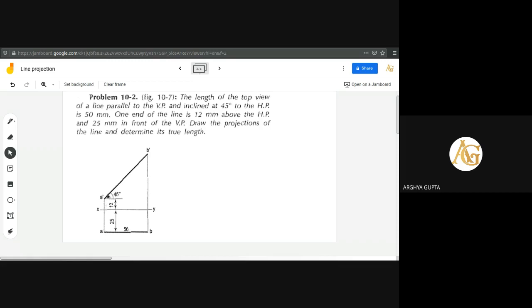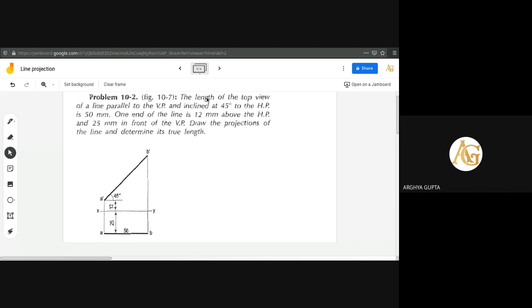Projection line is like that, A dash and A will be on the same vertical line. Firstly, you take a point 12 mm above, and from that point draw a vertical line, and below the XY line take a point A. So A dash and A have been found.